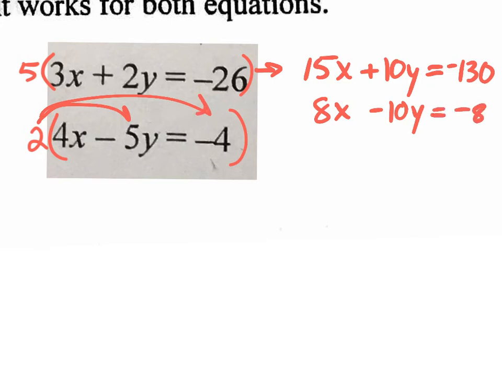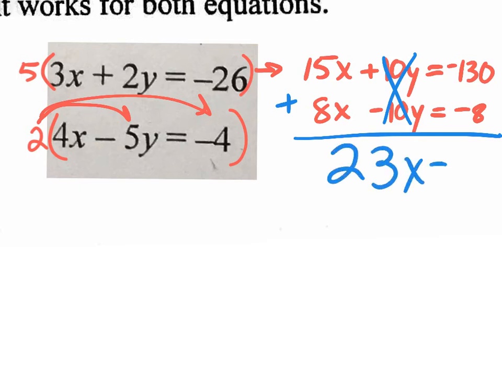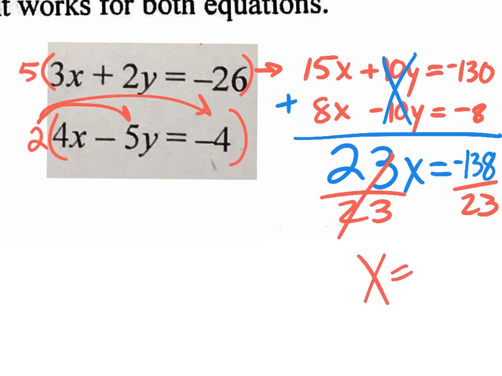And now we're ready to combine the lines. Why is that? Because the 10y and the negative 10y cancel out. So 15 plus 8, that's 23x's. Bring down the equal sign, and this becomes negative 138. If you owe $130 and you owe another $8, you're going to owe $138. Final step will be to divide by 23. Divide by 23 cancels. X equals negative 6.